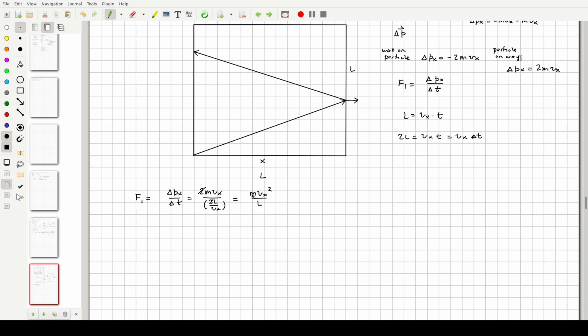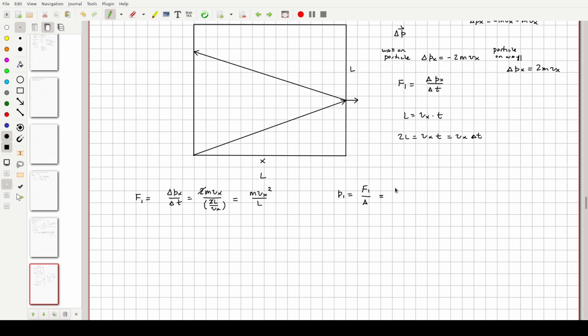Okay. So that said, though, we can talk about the pressure. The pressure of just this one collision would be the force into the wall, that's the x part, divided by the area. The area is this entire wall.